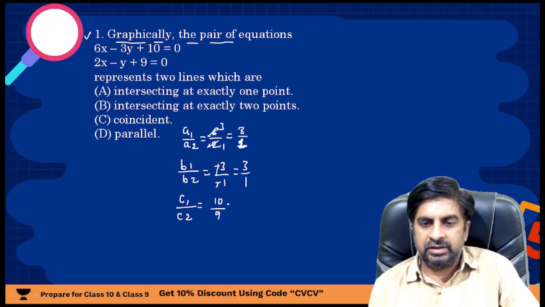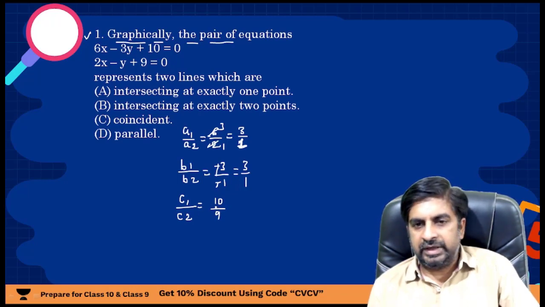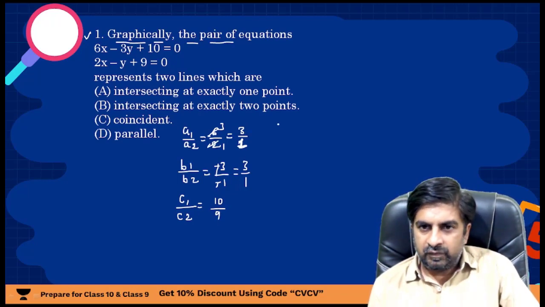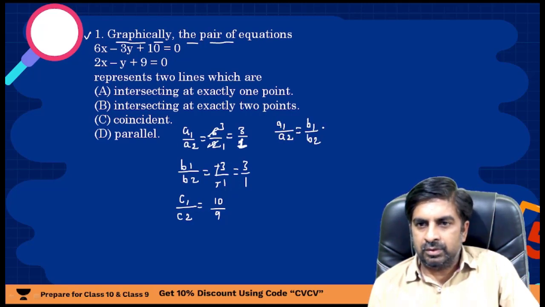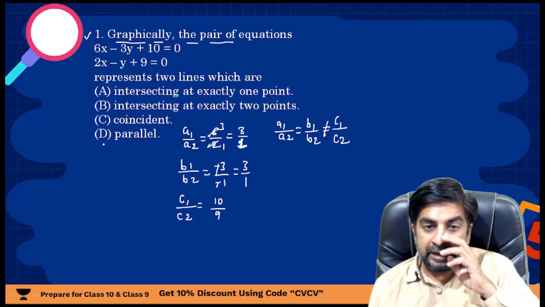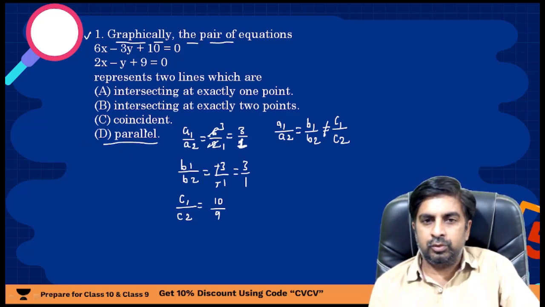We cannot cancel anything, these are co-prime numbers, so directly 10 by 9. Now here we are getting that a1 upon a2 is equal to b1 upon b2, but that is not equal to c1 upon c2. So this condition implies parallel lines. Parallel lines means no solution. So this is your correct answer, guys.